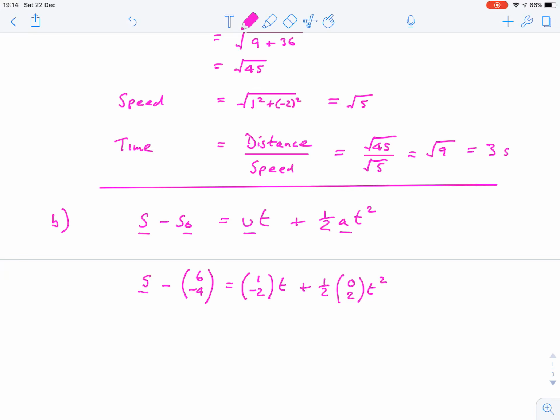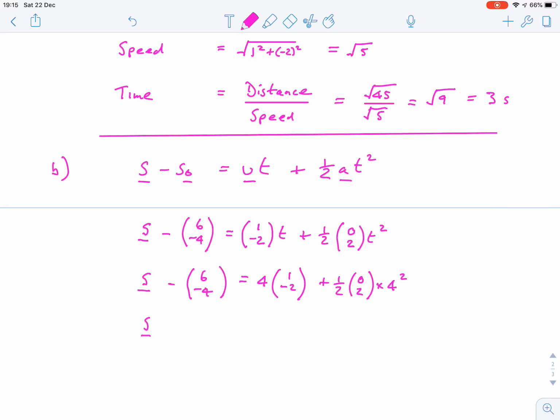Now we're told it took 4 seconds to go from B to C. So I can put t as 4. s minus (6, minus 4) is equal to 4 times (1, minus 2) plus a half times (0, 2) multiplied by 4 squared.